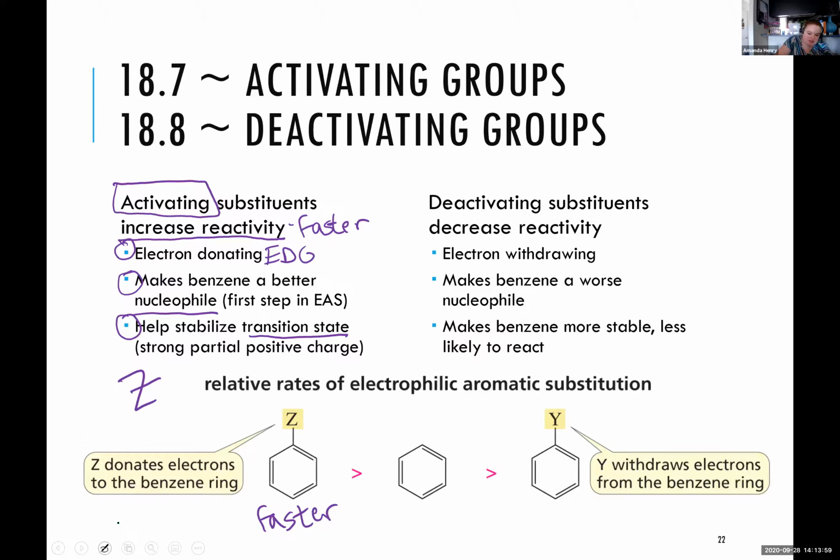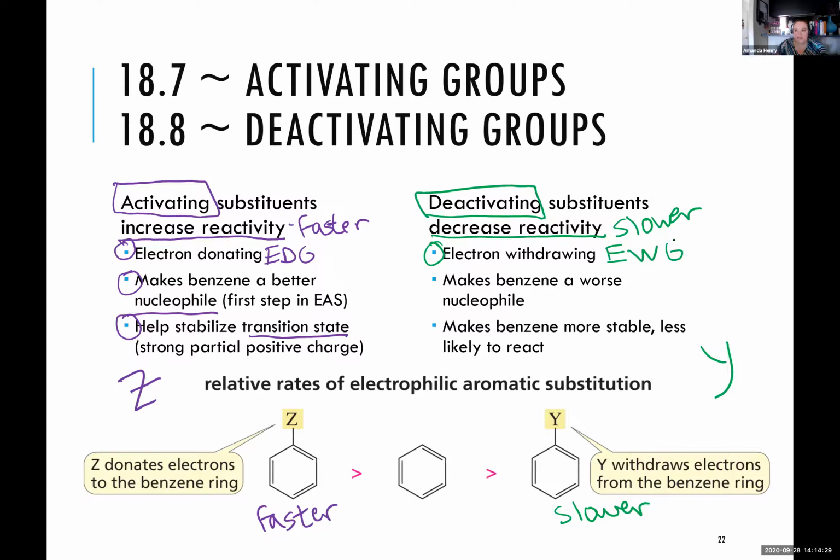Okay, so let's switch over to our deactivating substituents. And these are going to decrease the reactivity. So that means that they are going to go slower than an unsubstituted benzene. So that's represented with a Y down here on the bottom. And these are all electron withdrawing groups.